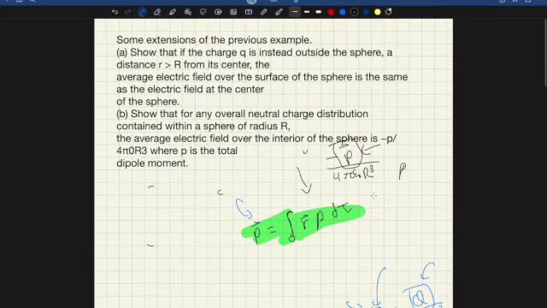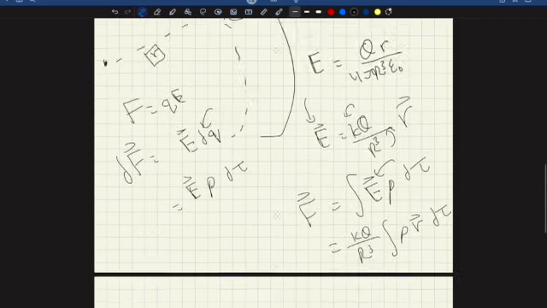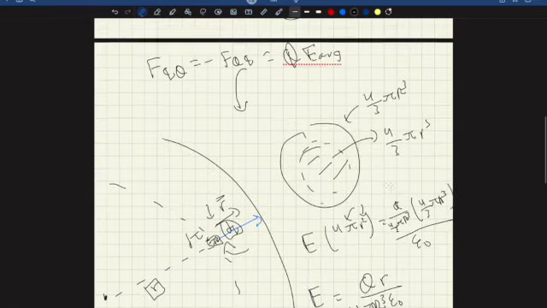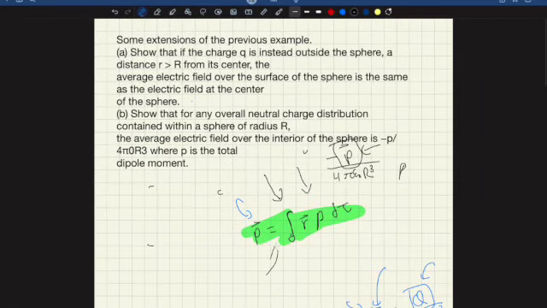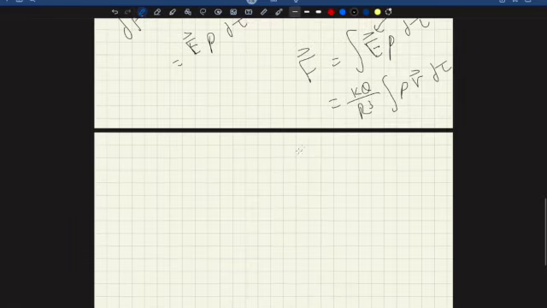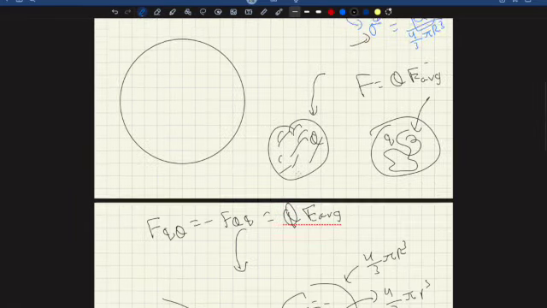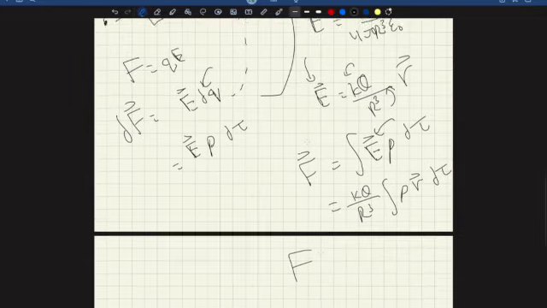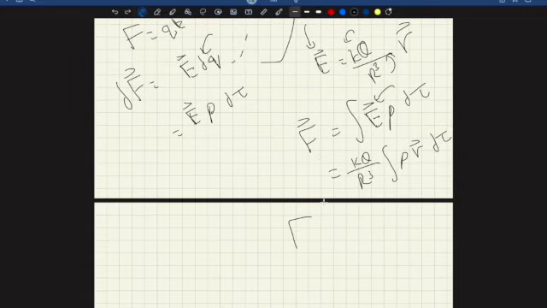Notice something very interesting. This same expression, r vector times rho times the volume element, is our dipole moment. So that means that this force, which is the force of the uniform charge distribution on our random one that already existed, this is the imaginary charge distribution exerting a force on the one that was inside the sphere that we're looking at.